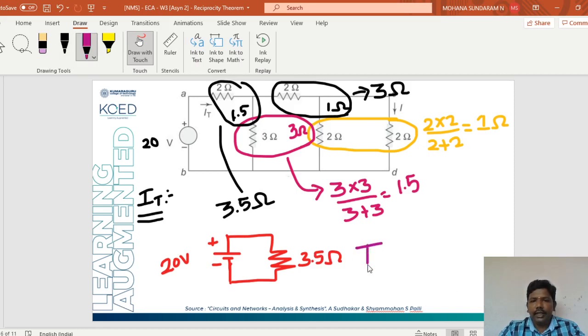So what is IT? IT is equal to 20 divided by 3.5, which is 5.71 amps. So we have got the current as 5.71 amps.